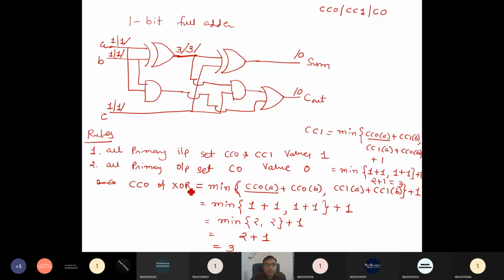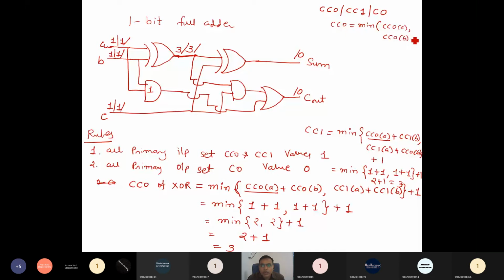Okay. So now let me calculate for the first AND gate. What is the equation to find the CC0 of the AND gate? For an AND gate, the output is 0 if any one of the inputs is 0. Either the A input is 0 or the B input is 0.